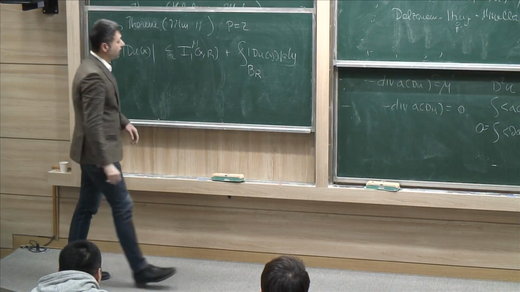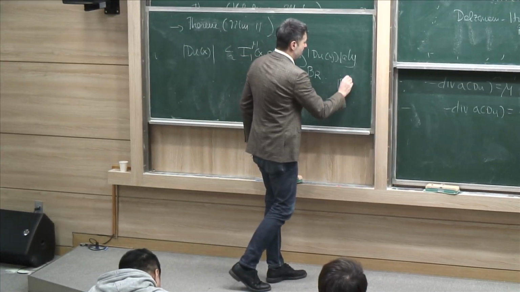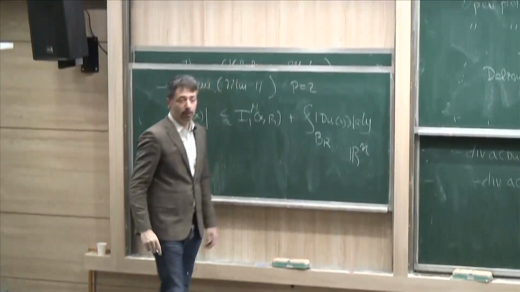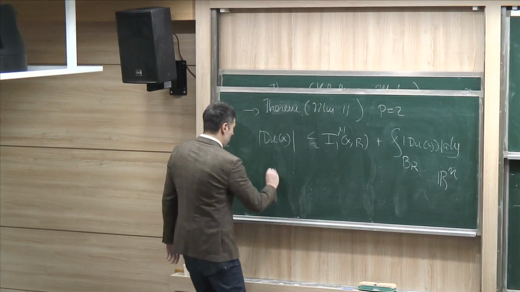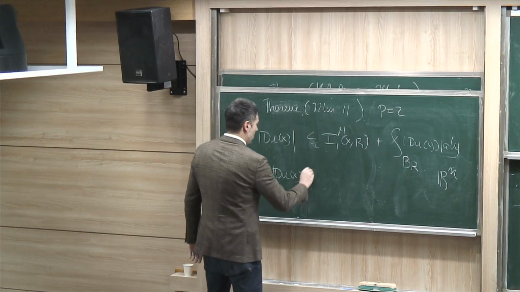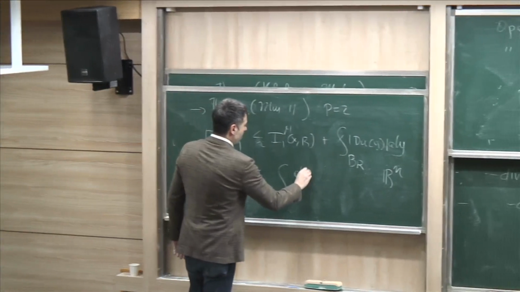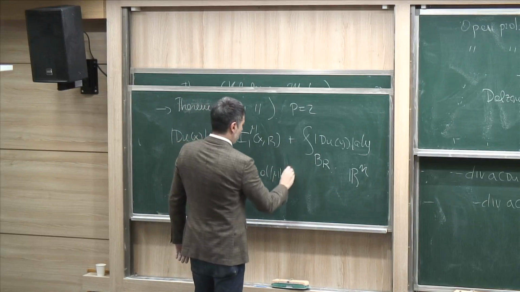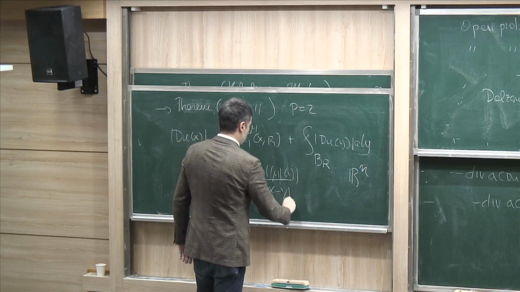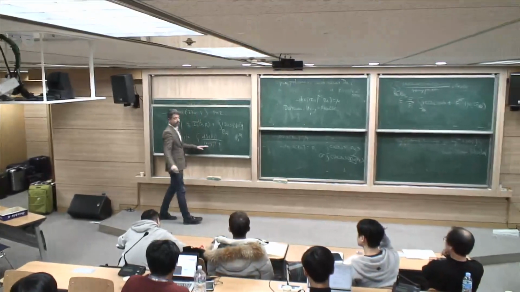So in particular, when you are on the whole R^n, and this decays reasonably at 0, you can pointwise bound Du(x) by the usual Riesz potential, exactly as if it were linear.